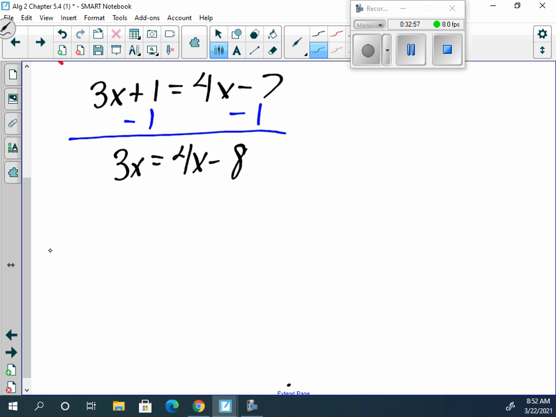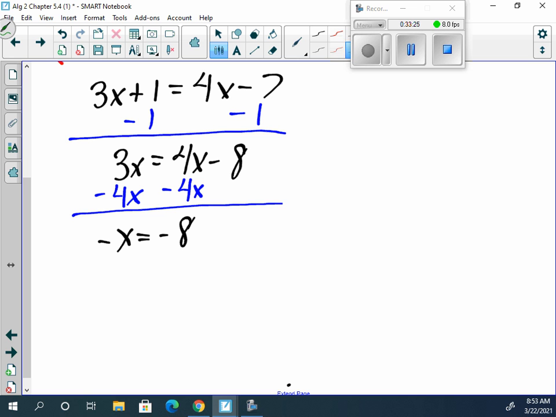Any questions so far? What's next? Subtract 4x. This 3x minus 4x will give us negative x is equal to negative 8. So we really don't want to know what the value of negative x is. We want to know what the value of x is, positive x.